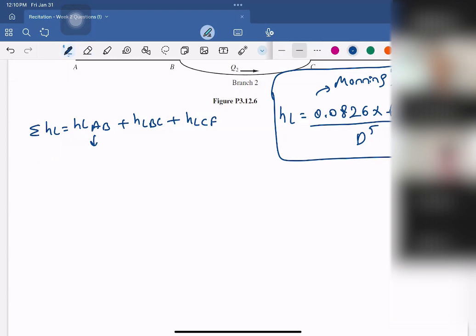Using this equation, we can calculate the head loss in the pipe AB.